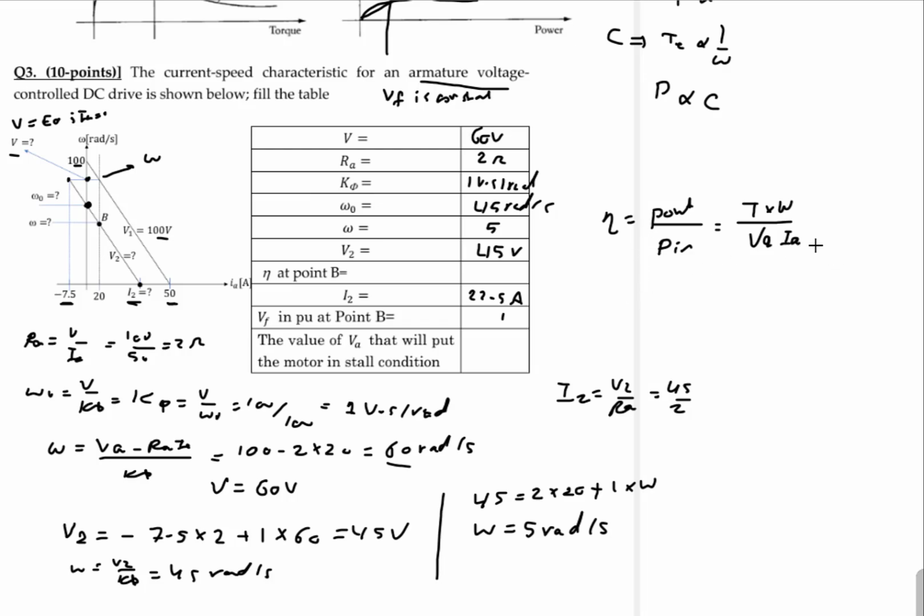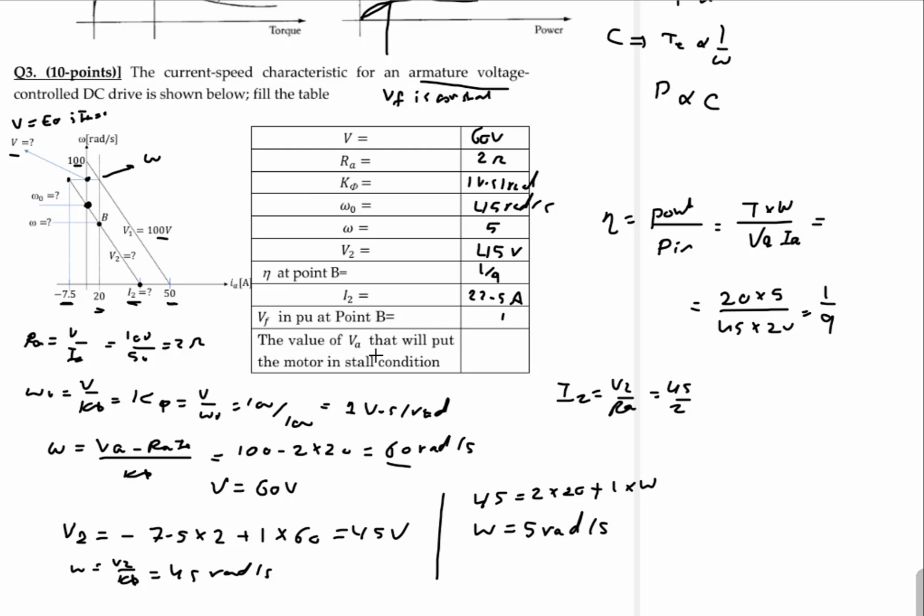So this will equal the torque at point B, because K phi is equal to 1, then the torque will equal 20 Newton meter, multiplied by the speed, which is the 5, over V2, which was 45, multiplied by the current, which is 20. If we do the math, this will be equal to 1 over 9. So the efficiency here is 1 over 9.